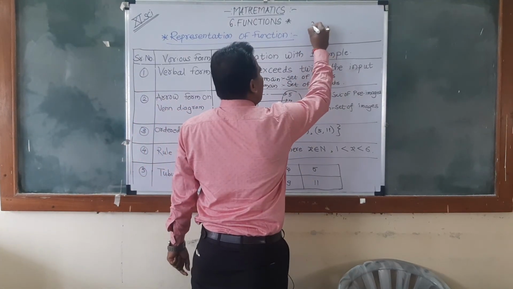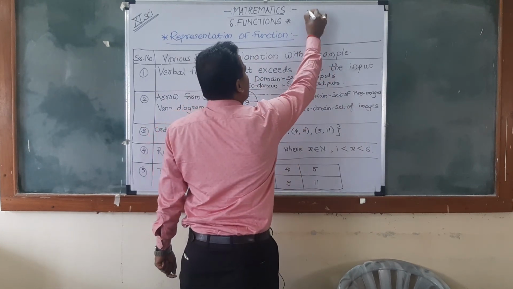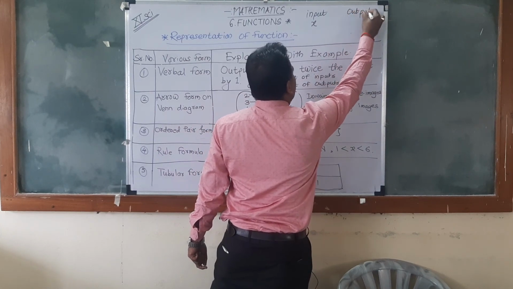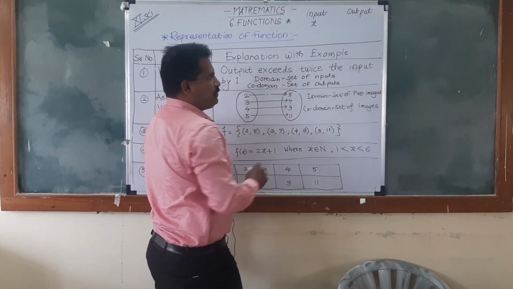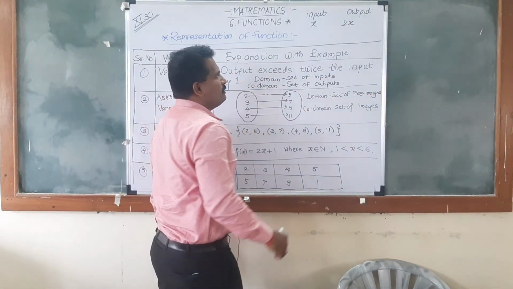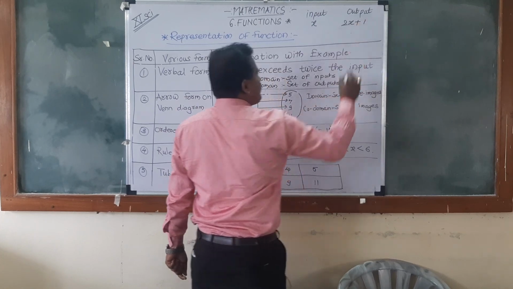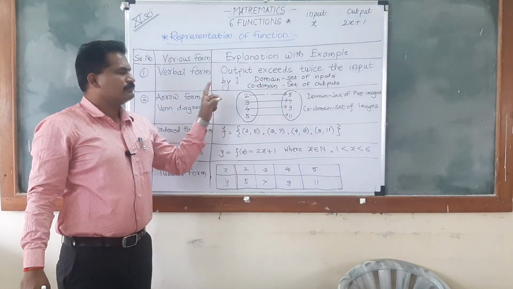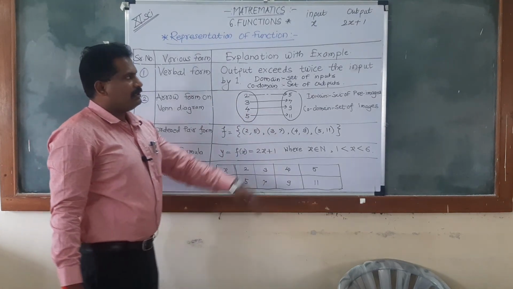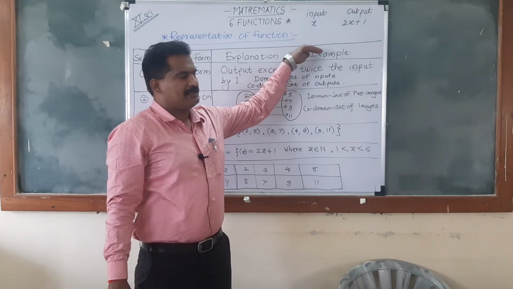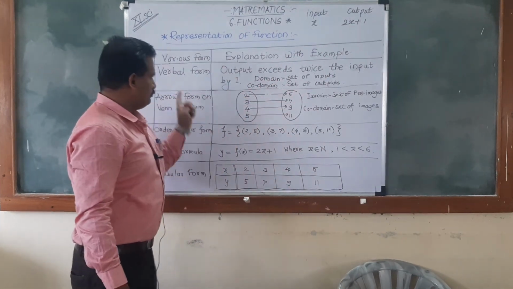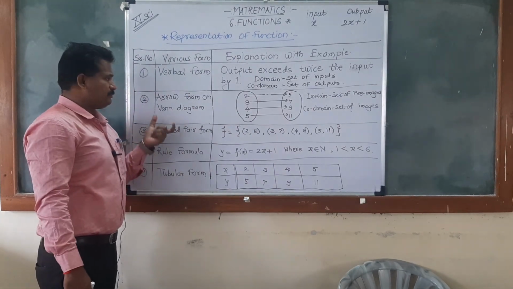That means if x is the input, then output is twice the input plus 1, that means 2x plus 1. Then we can take inputs, and with respect to input we get output. It is the first form, that is, the verbal form.